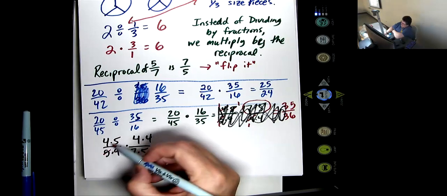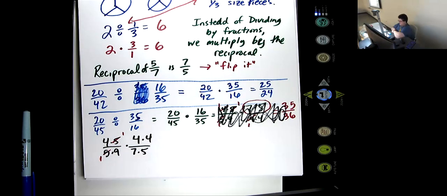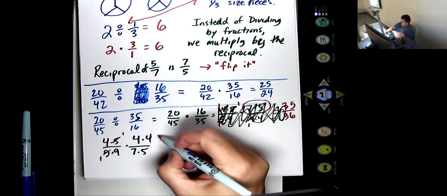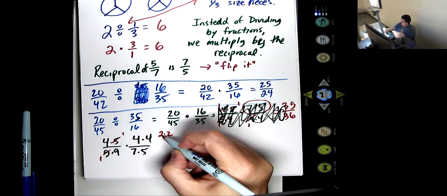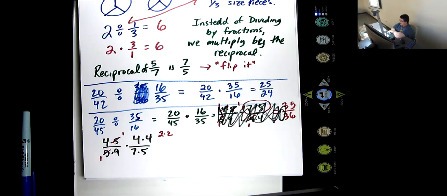The 5s cancel here. The 4s are all 2 times 2. Right? Every single 4 is 2 times 2. And all the numbers on bottom are odd. Odd numbers are not divisible by 2. So we're done.